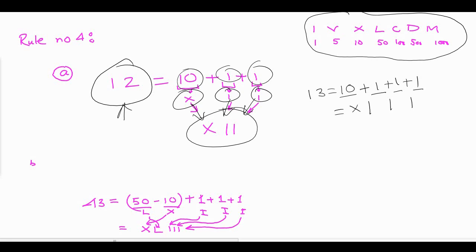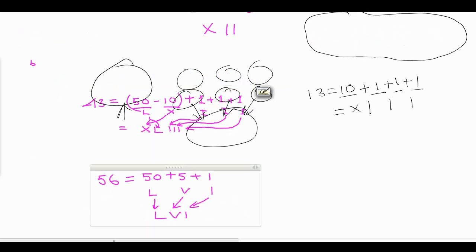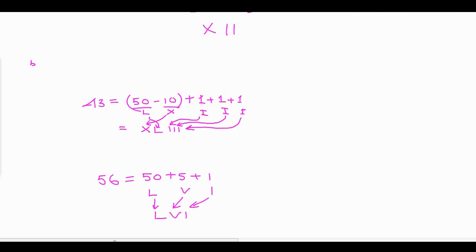Now we have another example, that is 43. 43 is a great example. This is rule number 4b. 43: 40, we all know, is 50 minus 10. Then 1 plus 1 plus 1.